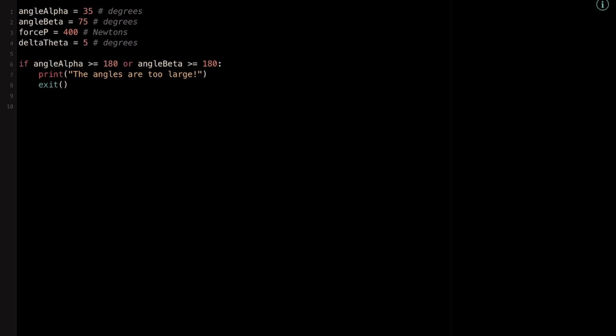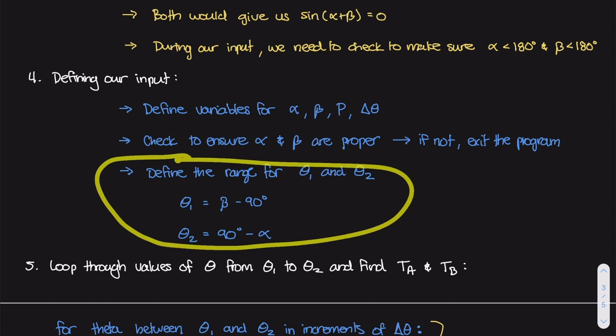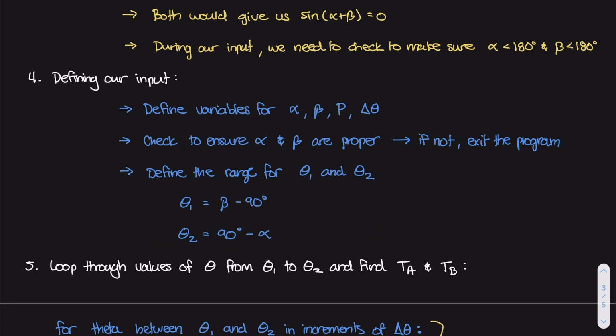Now that we've done that check, let's see what our second step was. After we ensure that alpha and beta are good, we want to define the range of theta 1 and theta 2. Theta 1 is where theta is going to start, and theta 2 is where theta is going to end. Theta 1 has a starting value of beta minus 90, and theta 2 is 90 minus alpha.